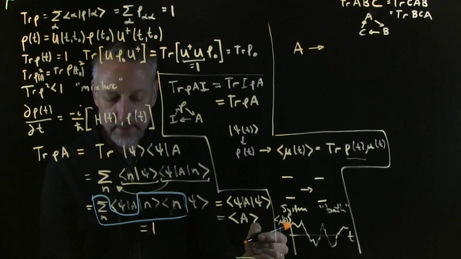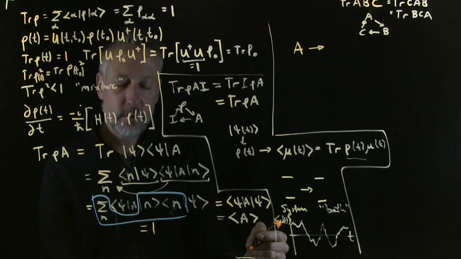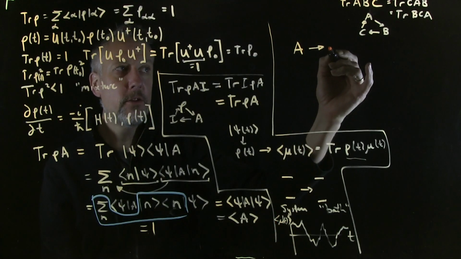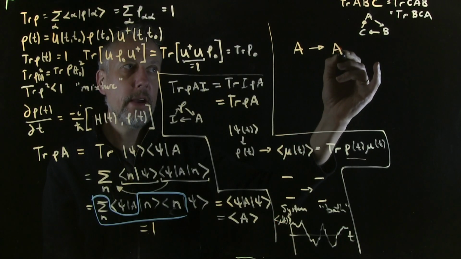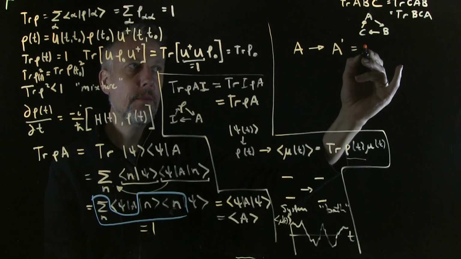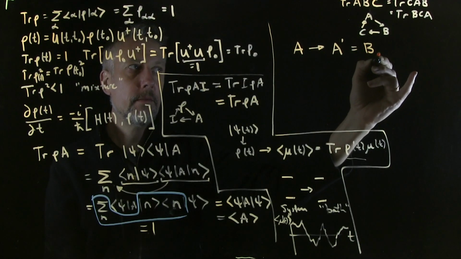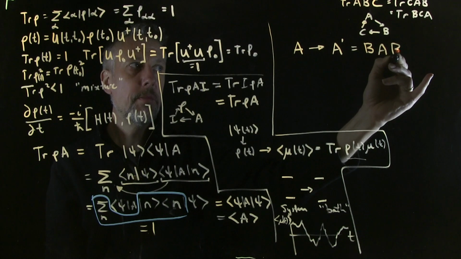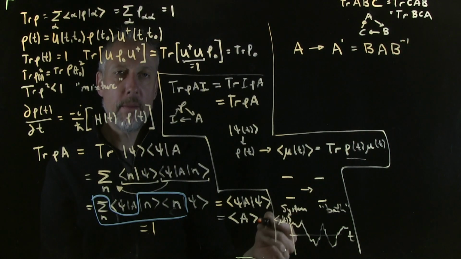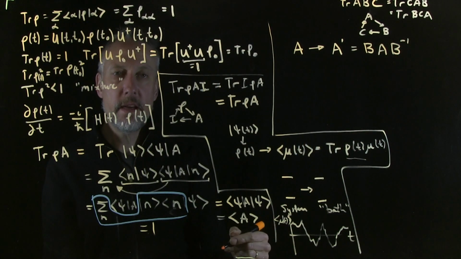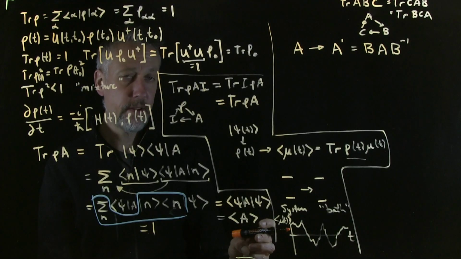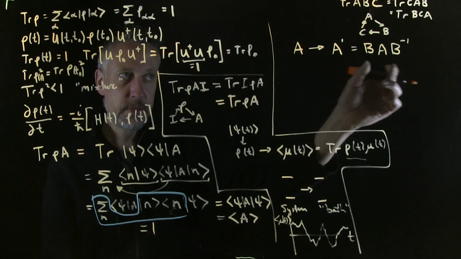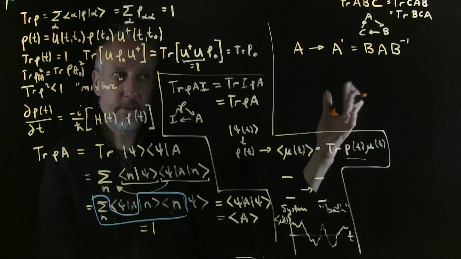In some sense, when we say something is diagonalizing, that's what we're doing. So we can transform it to another operator, which I'll call A primed, which is equal to B A B inverse, where the matrix or the operator B is this transformation matrix that allows me to transfer from one basis to the other. What's an example of this?